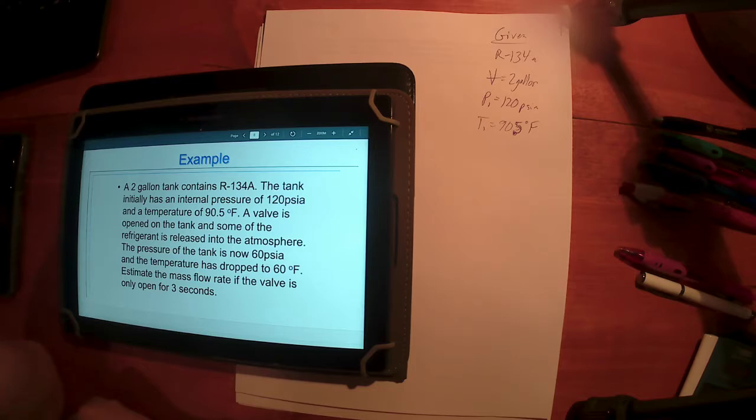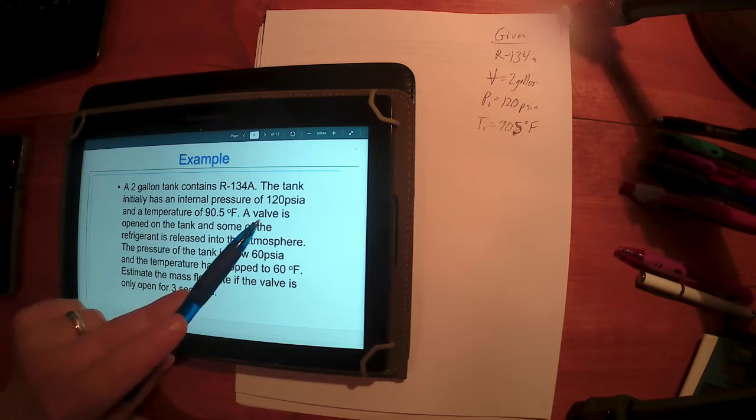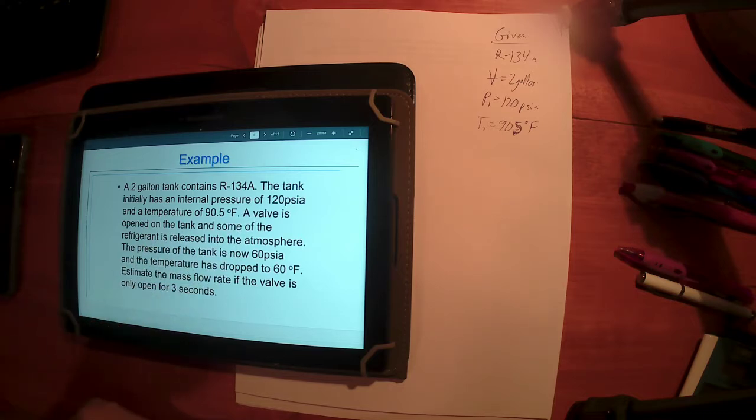A small appliance repair person has come out, and we've got a device that's not cooling for whatever reason. And so we grab this 2-gallon tank of R134A to try to fill up our refrigeration device. And along the way between the house and the van, we drop this tank, and a valve opens, and some of the refrigerant is released into the atmosphere.